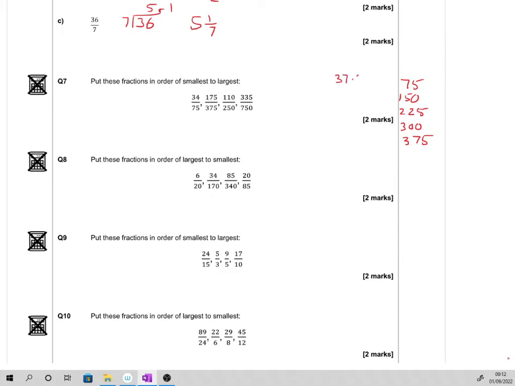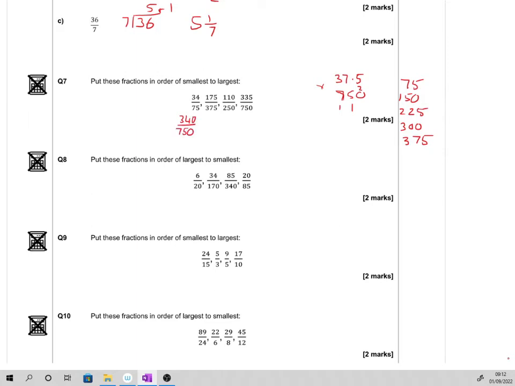What if I double that? 375 times 2 is 750. So I can double that one, times that one by 10, which gives me 340 over 750.